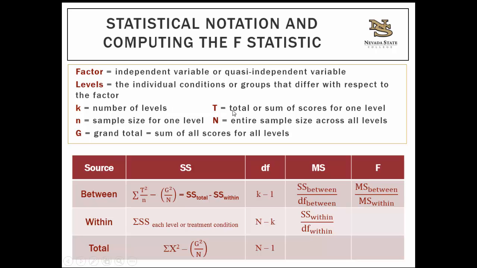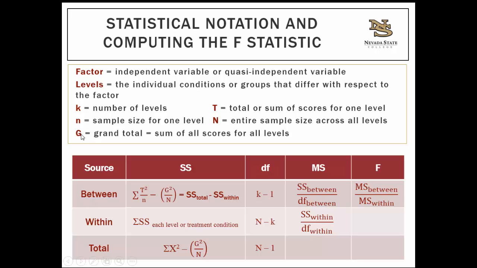Uppercase T represents the sum of X for a single level. So just for one group, what do all their scores add up to? Lowercase n is still the sample size, but it's the sample size for one level. And uppercase N, capital N, is the sample size for the entire study, so the sample size for each level added together.